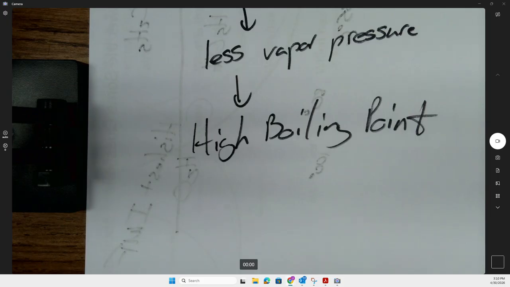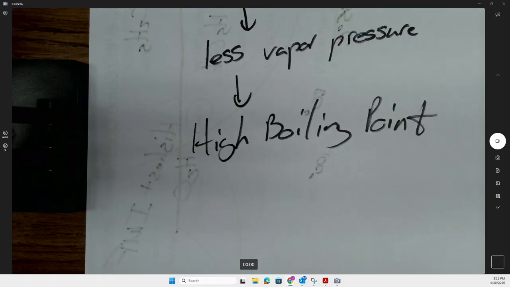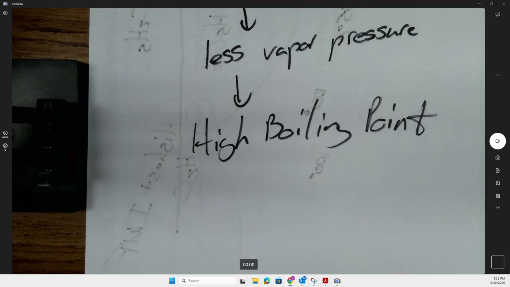Heat is nothing but energy. The more energy I put into it, the higher my boiling point is. The higher the IMF, the higher the boiling point. The higher the IMF, the more likely it's a solid. The weaker the IMFs, the lower the boiling point. The weaker the IMFs, the more likely I'm a gas.